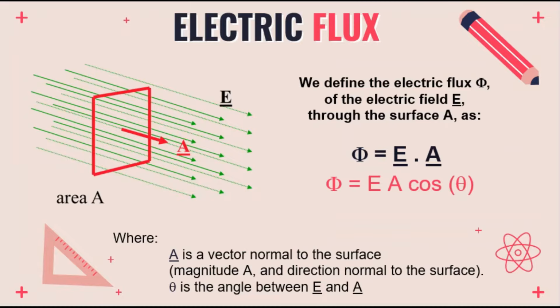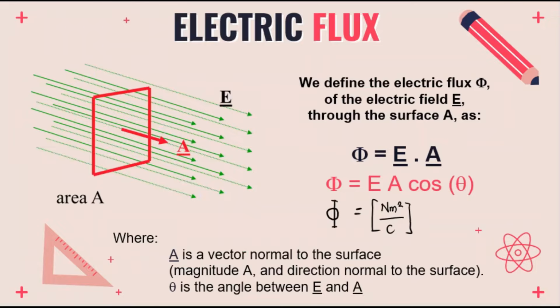The unit used for electric flux is Newton meter squared per coulomb, and it is denoted by the Greek letter phi.